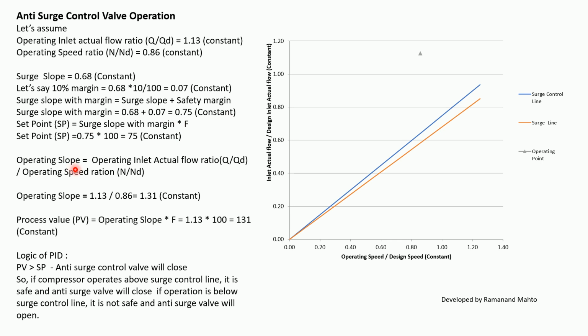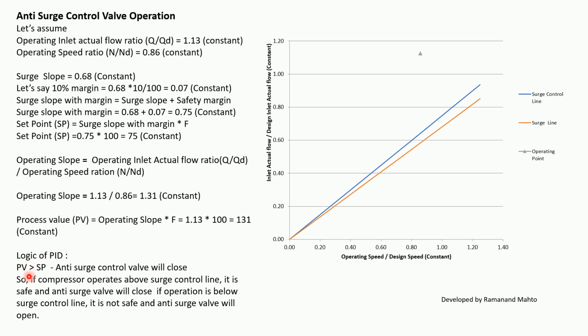Operating slope is equal to the operating inlet actual flow ratio Q by QD upon the operating speed ratio N by ND. So operating slope is equal to 1.13 upon 0.86, which is coming as 1.31, constant. Process value is operating slope into factor F. So 1.31 into 100 is 131, constant.